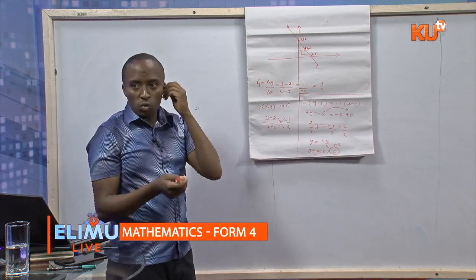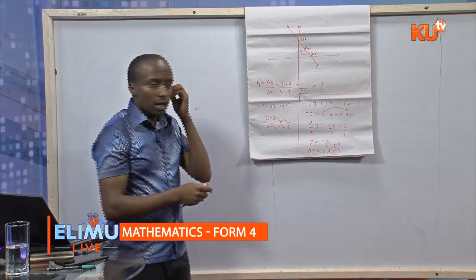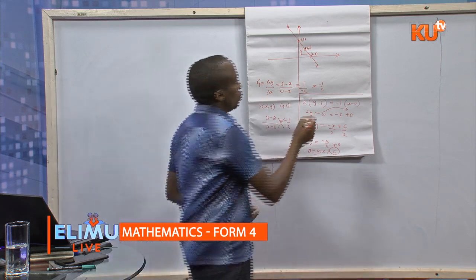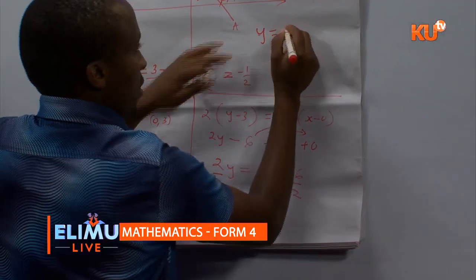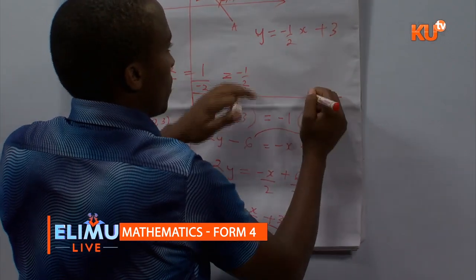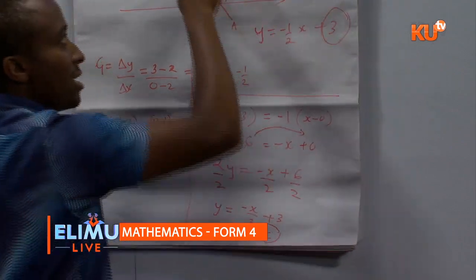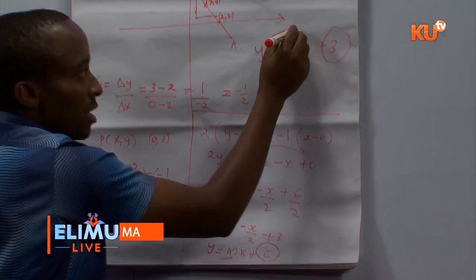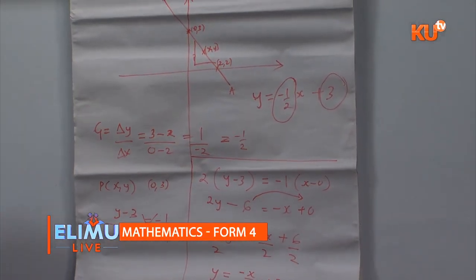So having been given the equation of a straight line, you are able to interpret the equation and answer any question given there. So our equation for this line is y is equals to negative half x plus 3. You can interpret that 3 is where the line cuts the y-axis, and negative half is the steepness or the gradient of our line.